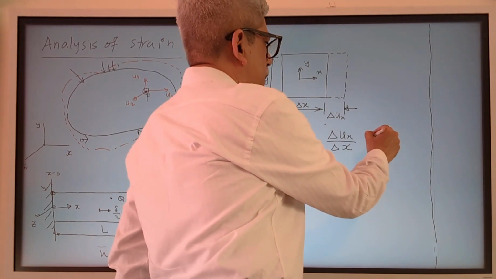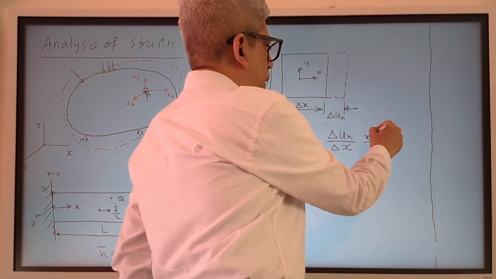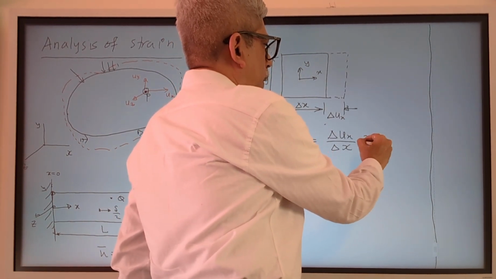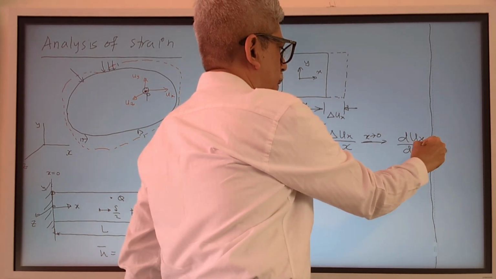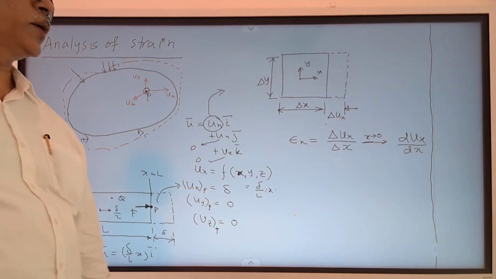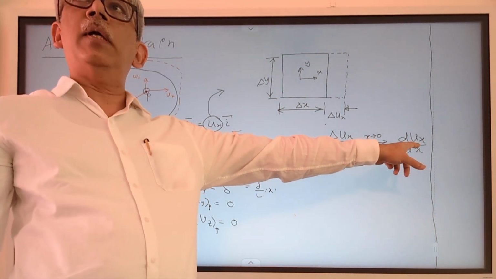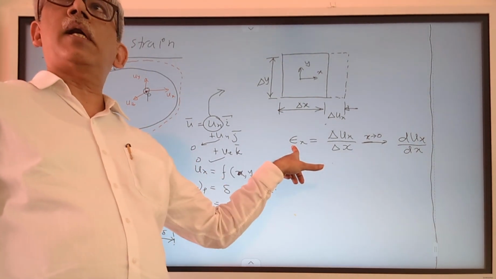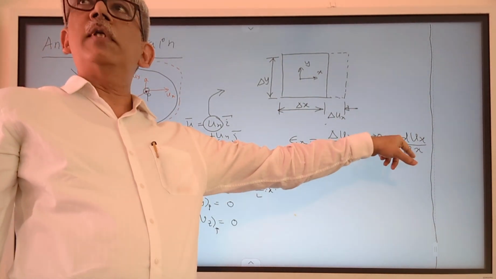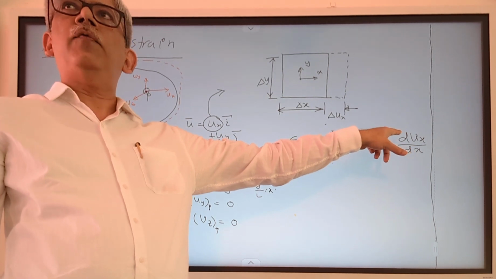In the limiting case, while delta x tends to 0, you will get dux by dx. So if you know the displacement field in x direction, you can calculate the strain by simply differentiating the displacement field.